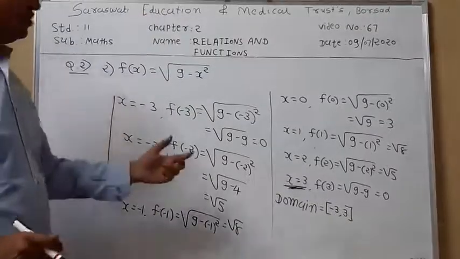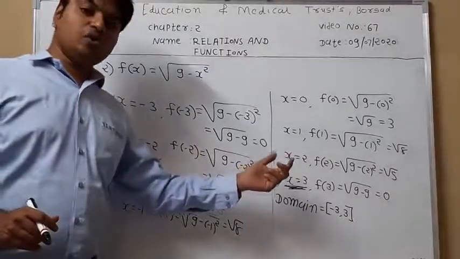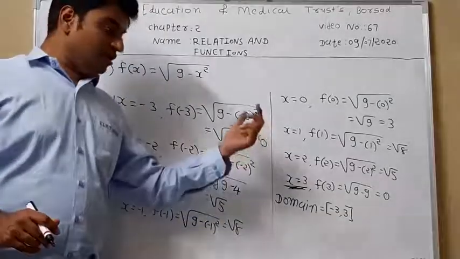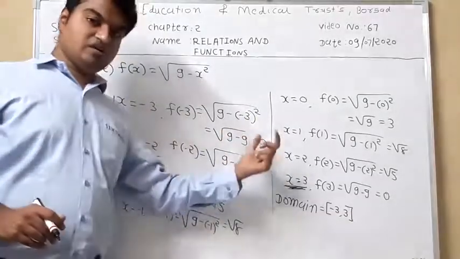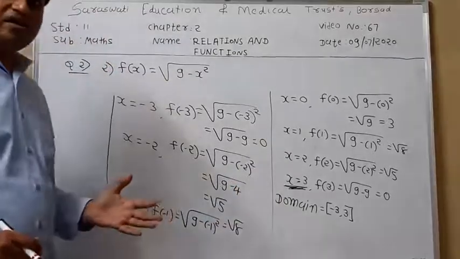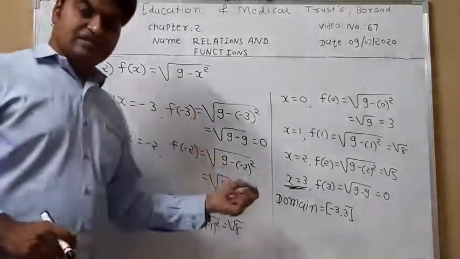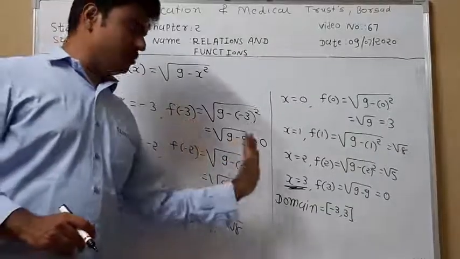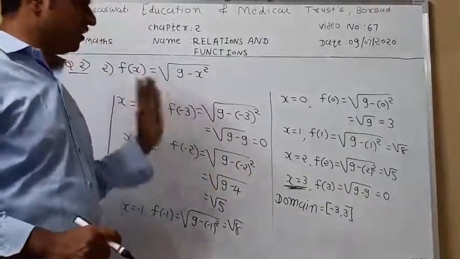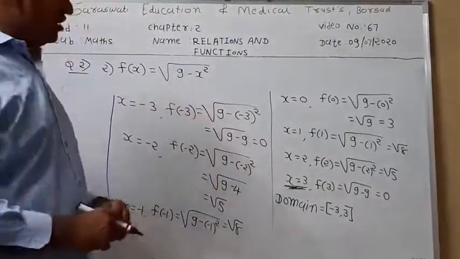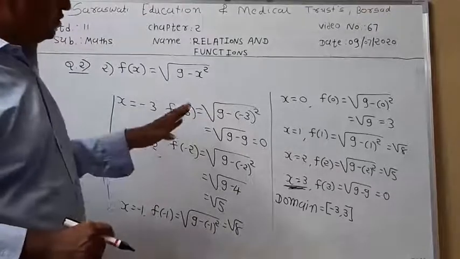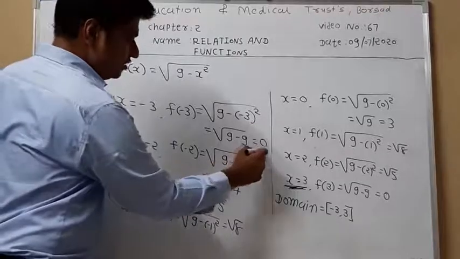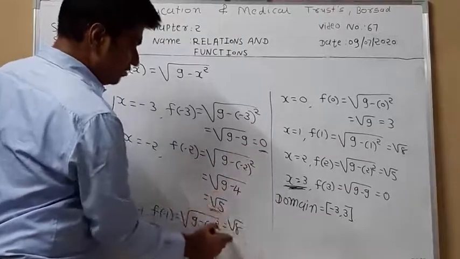That means in domain we can consider all values between them, as well as minus 3 and plus 3 also, all the values in close interval minus 3 comma 3. Now for the position of range, here we get no negative number.